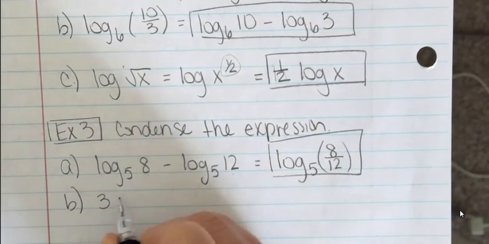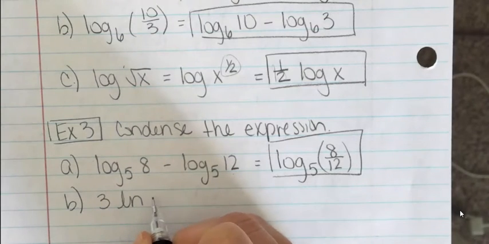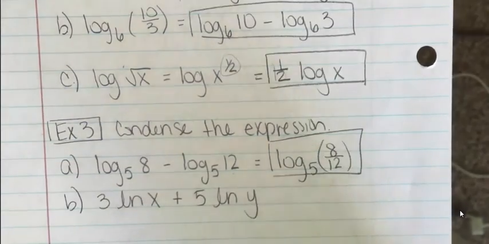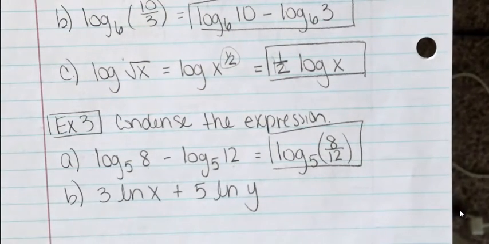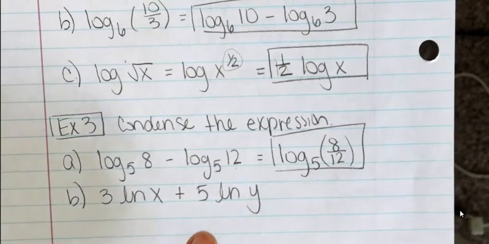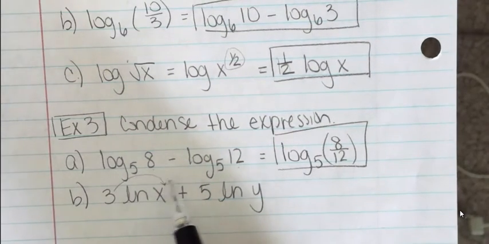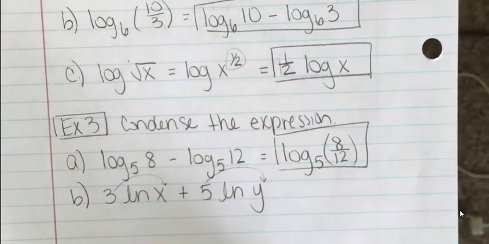So how about we do 3 times ln of x plus 5 times ln of y. Well, notice both of these ln's are being multiplied by something, so those could actually be brought up to be powers. So that's where I would start.